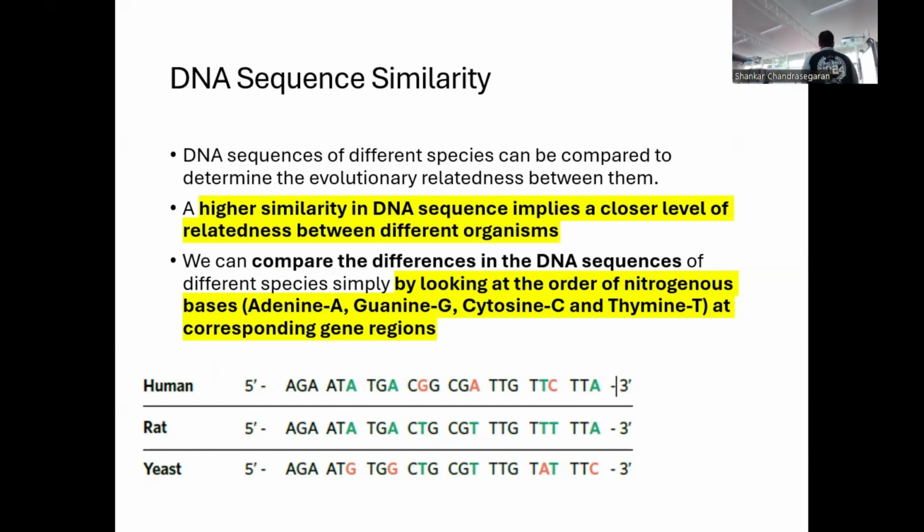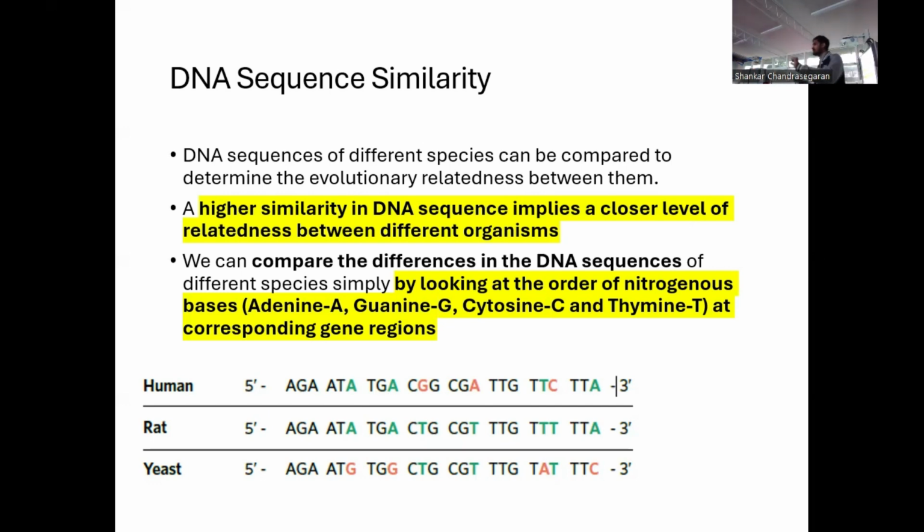Basically, looking at this, DNA sequences of different species can be compared to determine the evolutionary relatedness between each other. So this is going to be much more detailed compared to studying amino acid sequence relatedness, because between different species, even if they're very closely related to each other, they will still have a lot of differences in their DNA sequence.